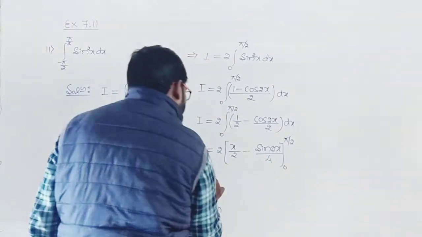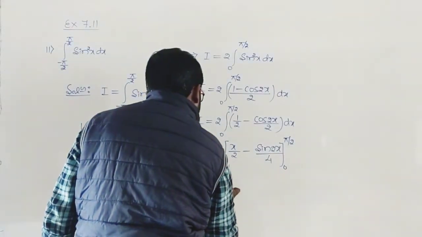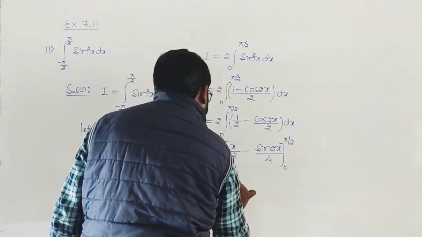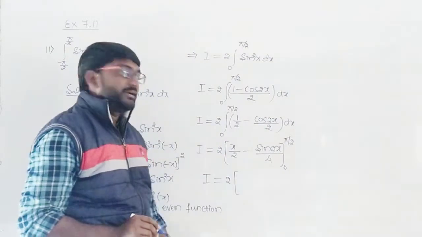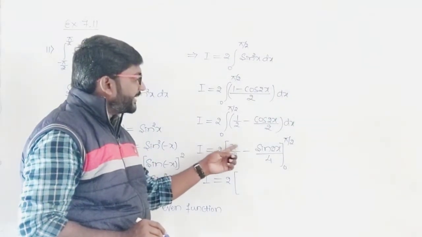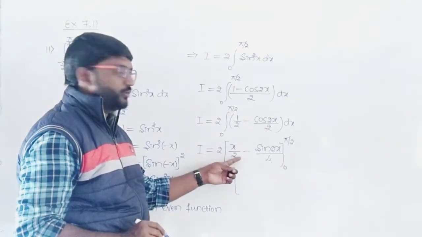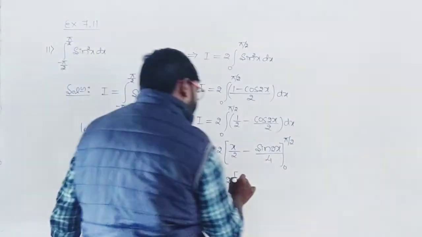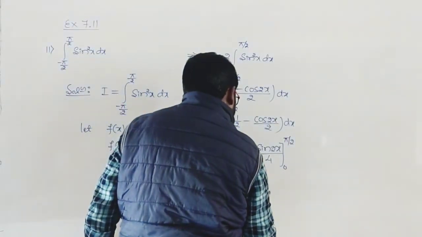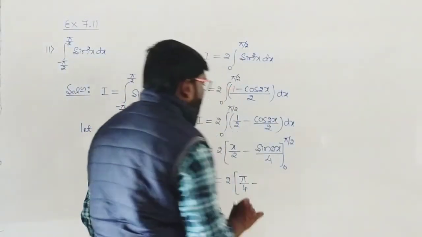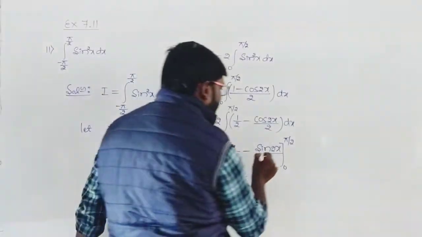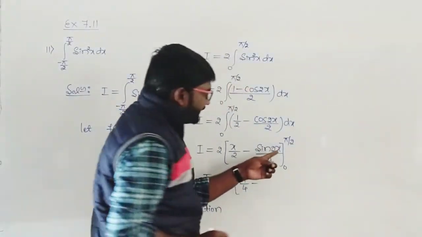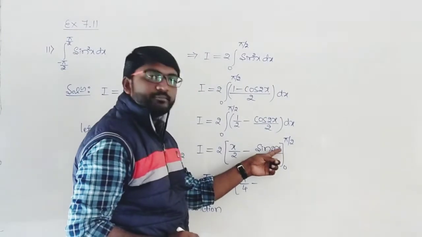So now I is equals to 2, write it outside. Then upper limit minus the lower limit. In place of x, I have to write pi by 2. Pi by 2 whole divided by 2 will give us pi by 4. So it is pi by 4 minus here sin, in place of x, I have to write pi by 2.